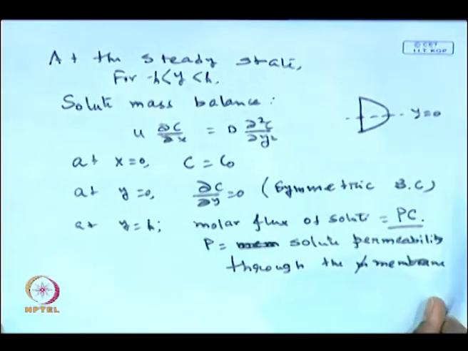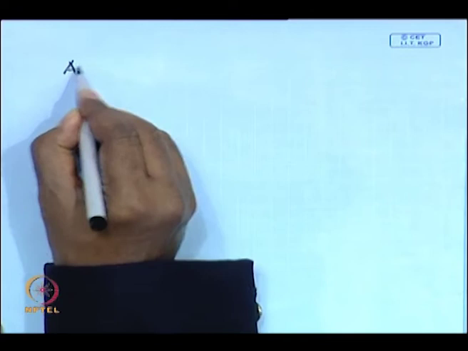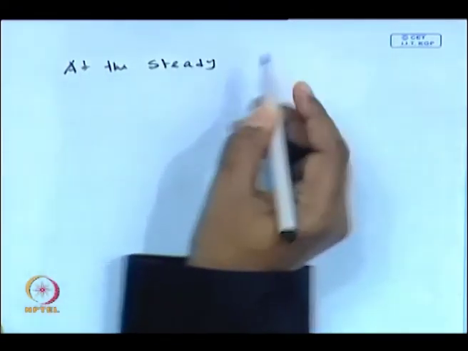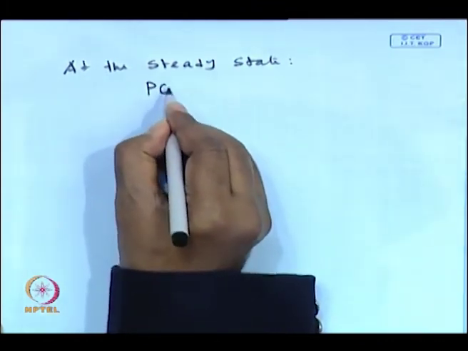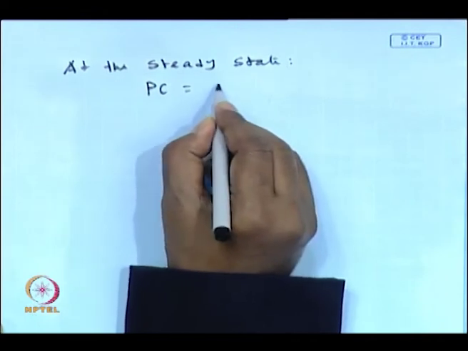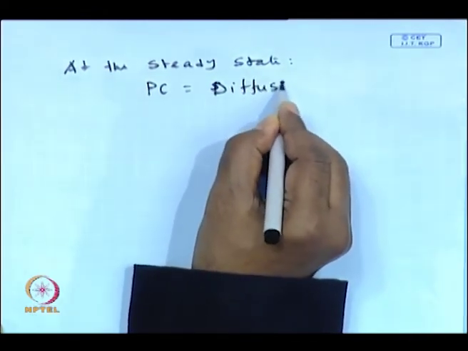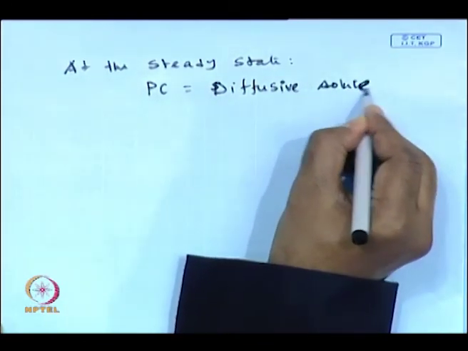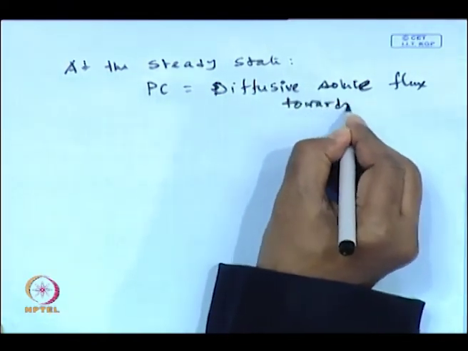Okay. So let us look into this. At the steady state, that has to be P C, it has to be matched by the diffusive solute flux towards the membrane.